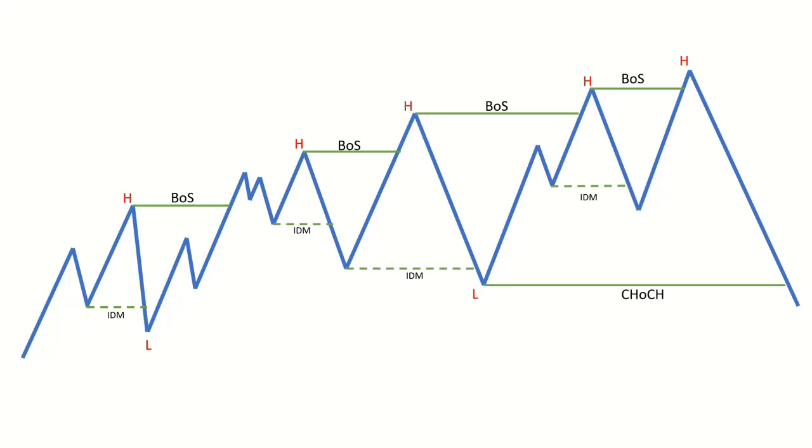And for a change of character, it represents a significant shift in market structure. It signifies a complete change in the market's direction. So, inducement acts like a catalyst in the market. The moment it's taken out, the market tends to take an aggressive move to create a break of structure.